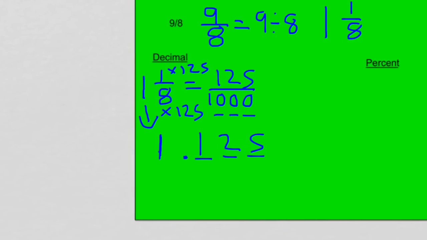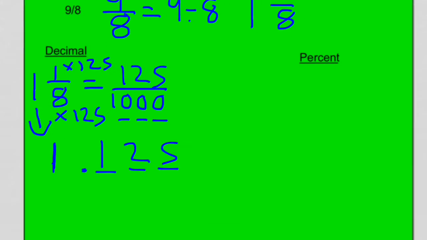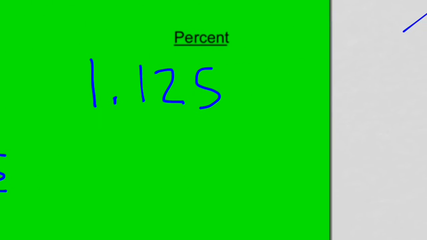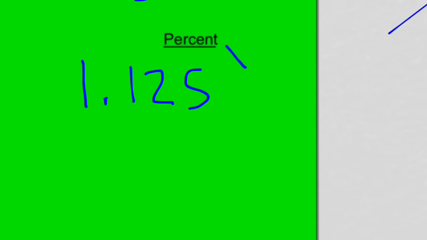Now, same thing with the percent. No matter what the decimal is, we always take the decimal. Oops, that's a little error. Erase that. We always take the decimal, 1 and 125 thousandths, and we mentally multiply that by 100. 2 zeros on 100 means shift the decimal 1, 2.